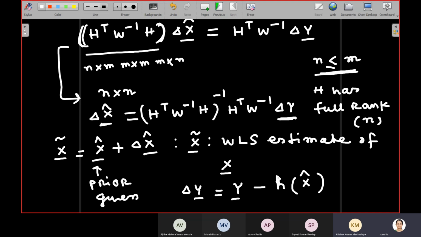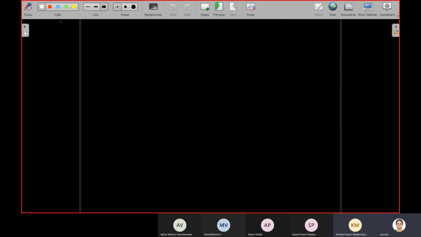This is delta y. So delta x hat is a linear function of delta y. And therefore x tilde is also a linear function of y.